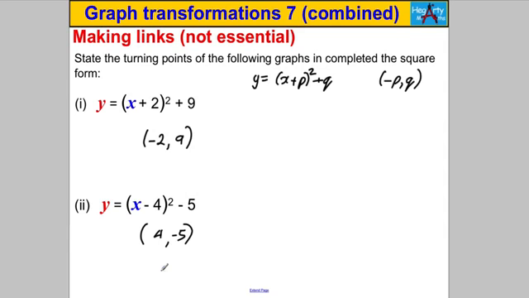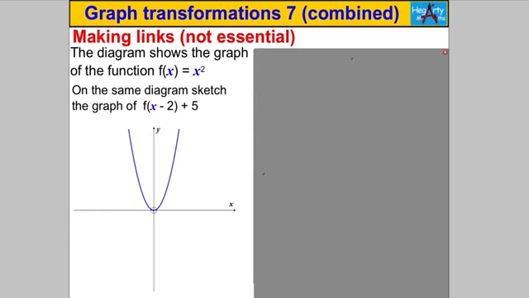Now I just want to take a second to link this to graph transformations, and I'm going to do it in an example. Here we go. Suppose I showed you the function f of x is equal to x squared, and on the same diagram I asked you to sketch f of x subtract 2 add 5. By graph transformations, we know that take away 2 inside the brackets moves the whole graph to the right by 2 units. So in particular, let's focus on this point here, 0, 0.